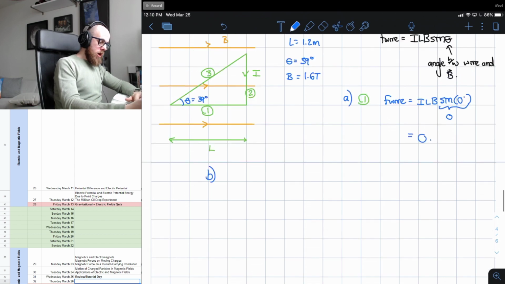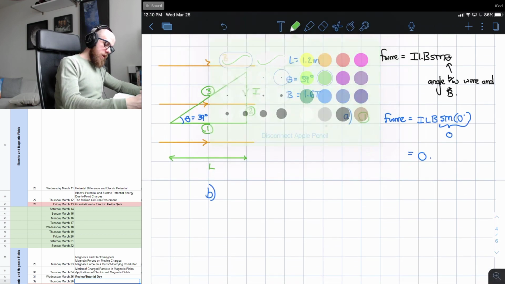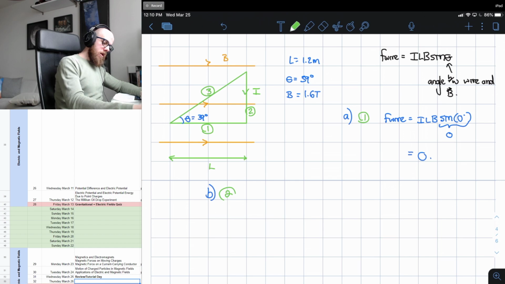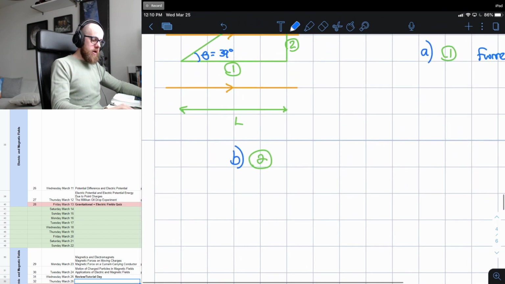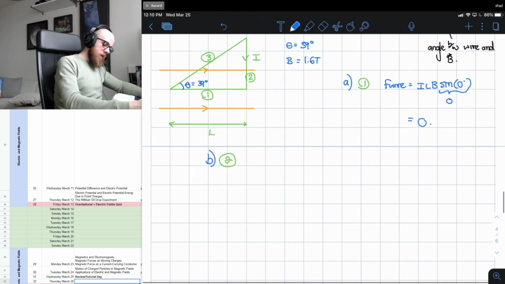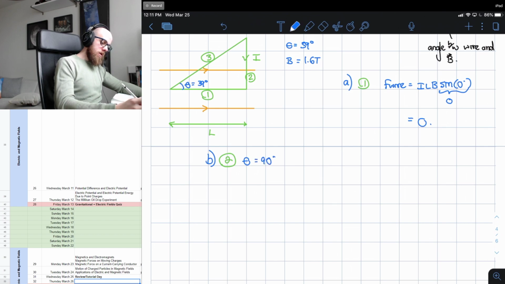For portion 2, if I analyze this picture, I notice that the current flowing through portion 2 and the magnetic field are perpendicular to each other. So the angle between them is 90 degrees, and theta equals 90 degrees.